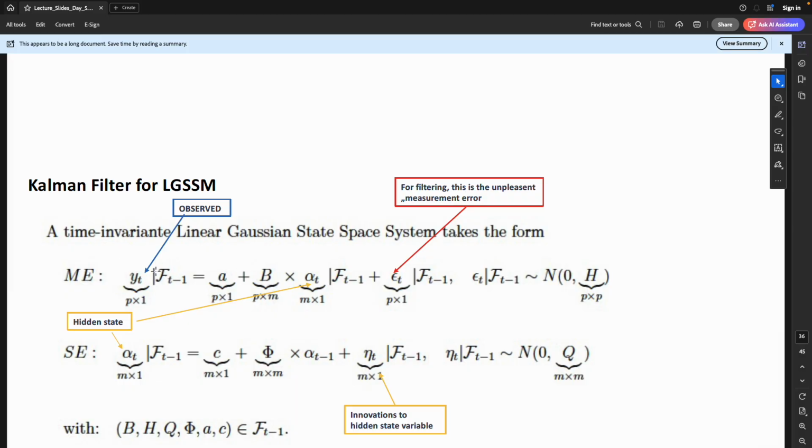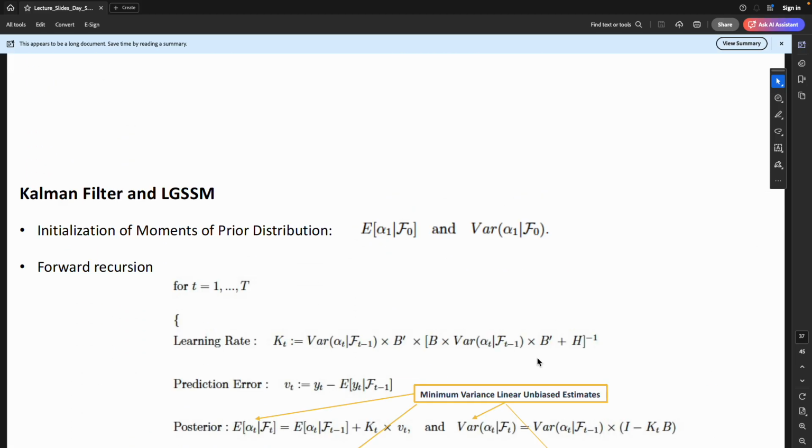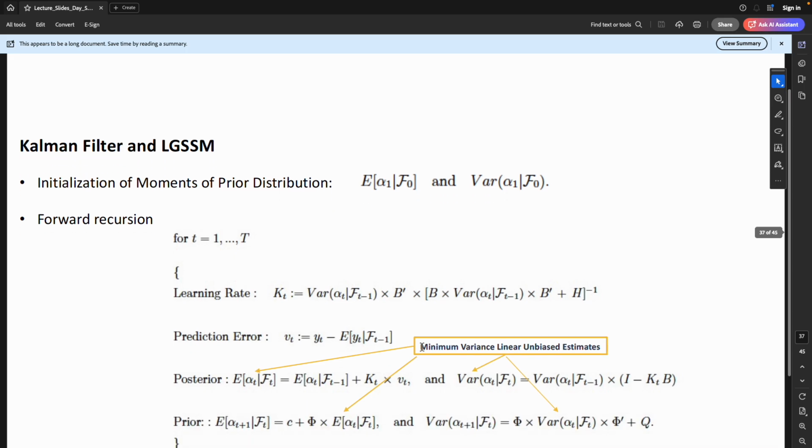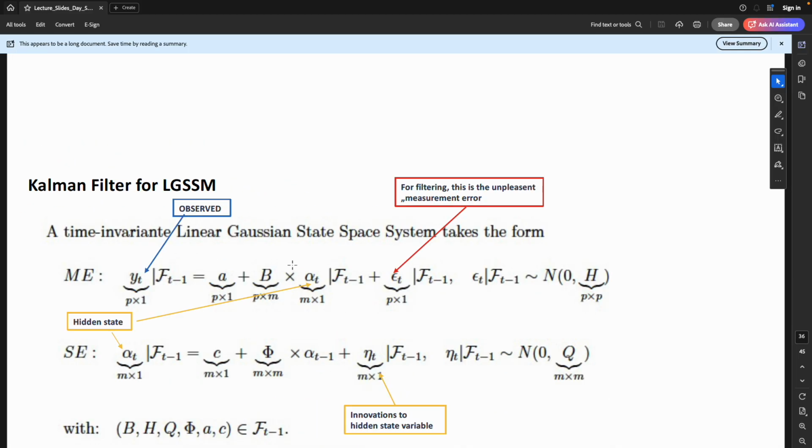The variance of Y is B square variance of alpha plus H. Yeah, so you see we are dividing here by the variance of the return, and here in the denominator we are multiplying by the variance of alpha times B transpose. So it's a bit like this guy here, but it's B, not B square. And one can show it's like the covariance over the variance.